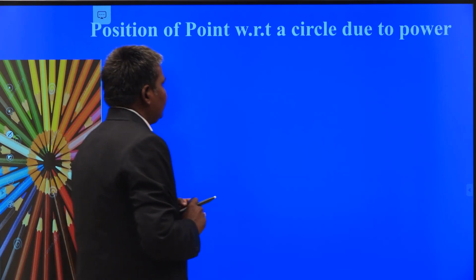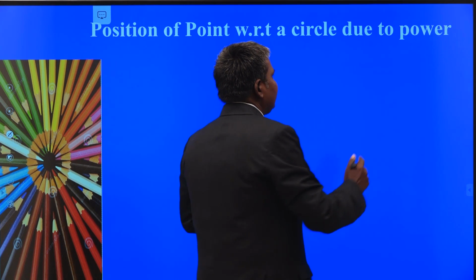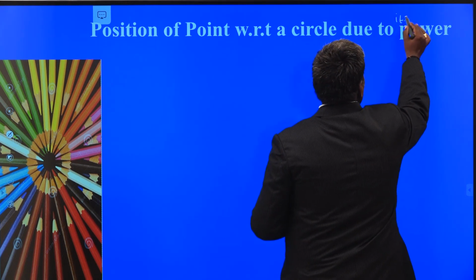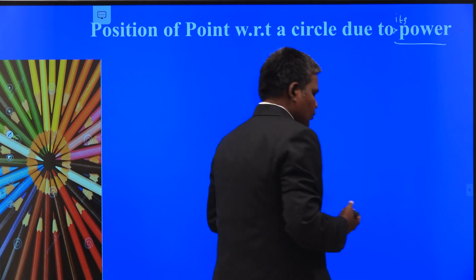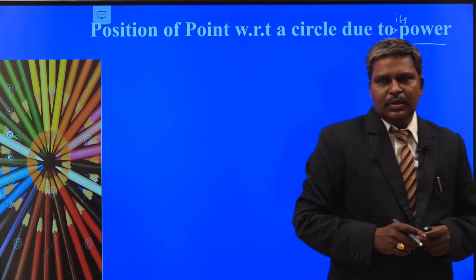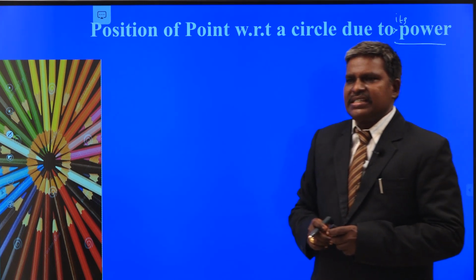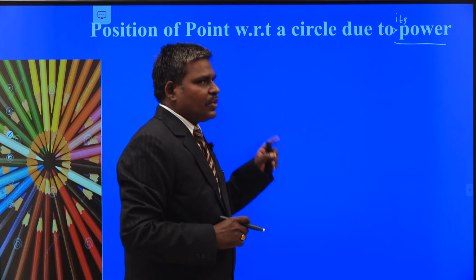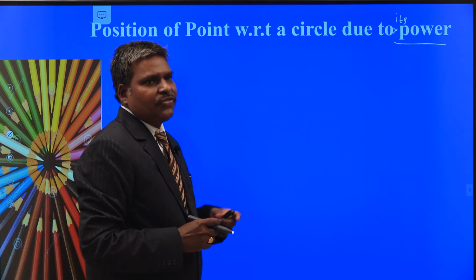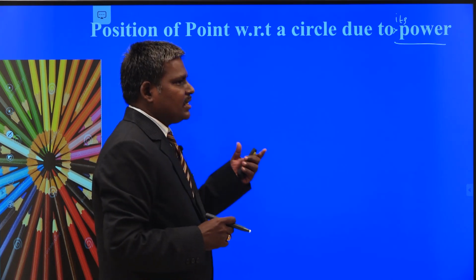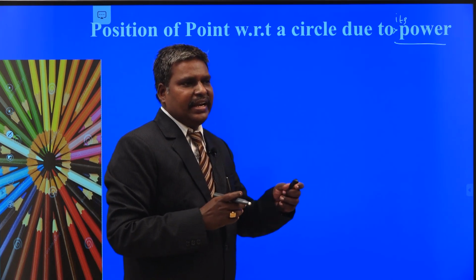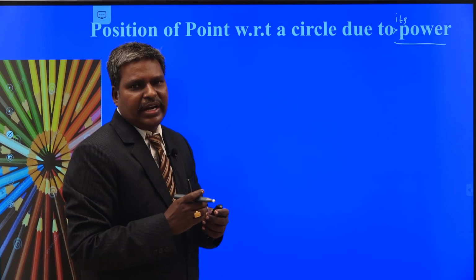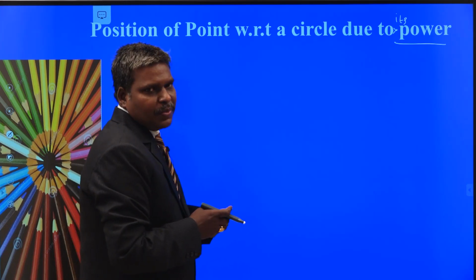Position of a point with respect to a circle due to its power. No need to find the radius and center of the given circle to find the position of the point. How to find the position of the point? Earlier, what we discussed was to find Cp and compare Cp to the radius, then we get the position of the point.